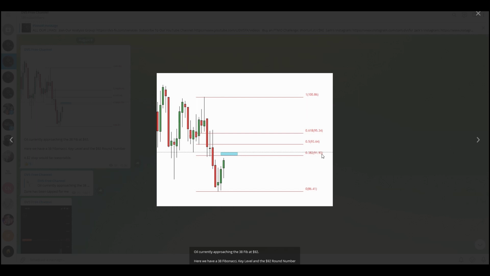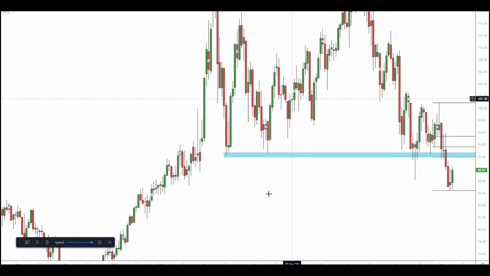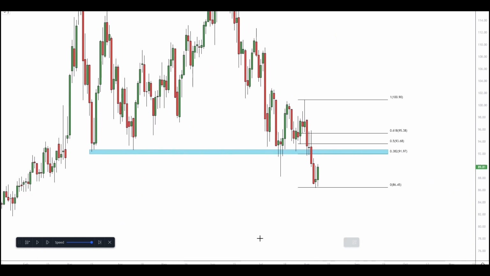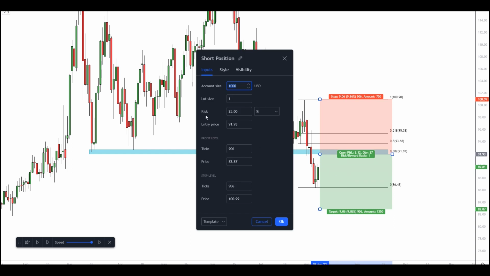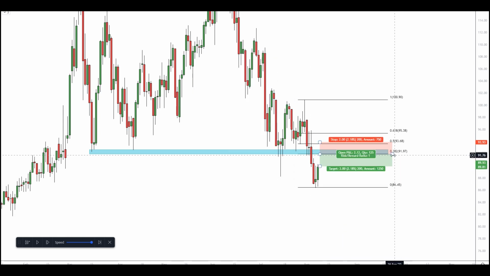So the first confluence was the 38 Fibonacci at 91.93. If I just set up our entry here, 91.93, we had a $2 stop loss, and our first TP was $2.